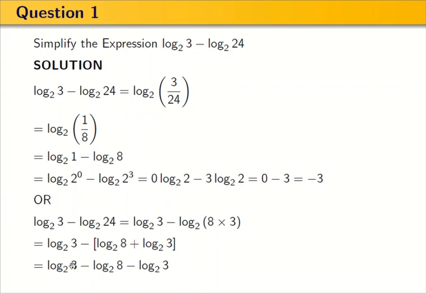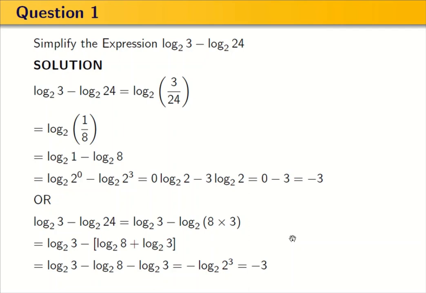But I know that this and this are the same, so it's logarithm of 3 base 2 minus logarithm of 3 base 2. This will cancel this, and I'll be left with this. And this side, 8 can be written as 2 to the power 3, so it becomes negative log of 2 to the power 3 base 2, and this will give me negative 3. So whichever way you want, you can go, and your answer will be correct.